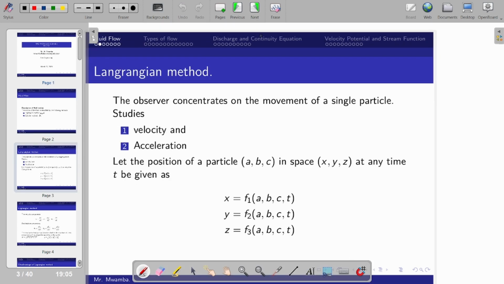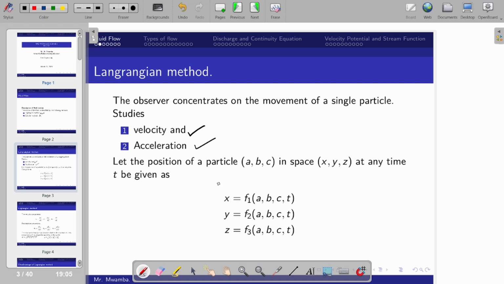In the Lagrangian method, the observer concentrates on the movement of a single particle of the fluid. You concentrate on the movement of a single fluid particle, and then you study, one, the velocity, and number two, the acceleration of this particular fluid particle that you are observing.